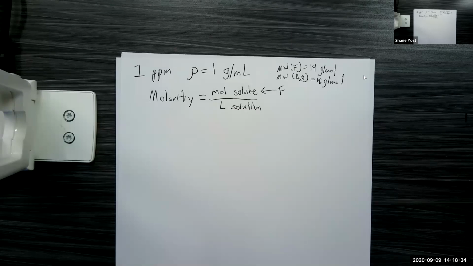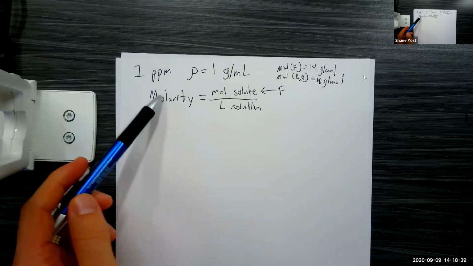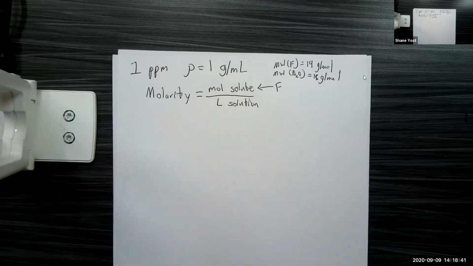Remember, when I'm converting between concentration units, the total amount of solution that I have does not really matter, because a solution is defined as a homogeneous mixture. So if I have 10 liters or 5 liters, it doesn't matter. The concentrations will be the same.